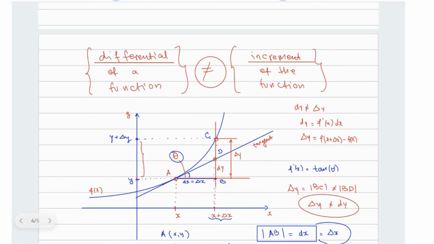Now we have seen an important fact, that in general the differential of a function is not the same as the increment of the function.